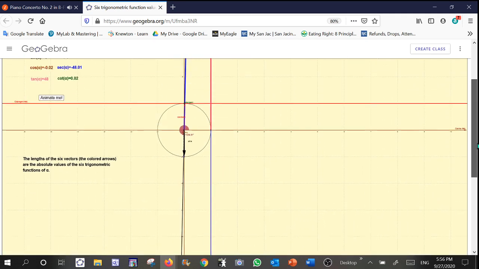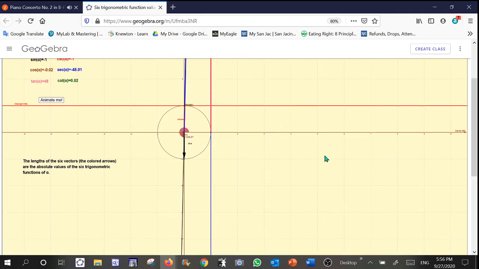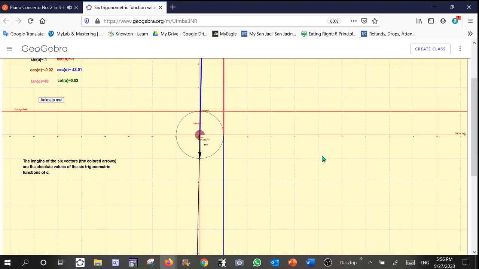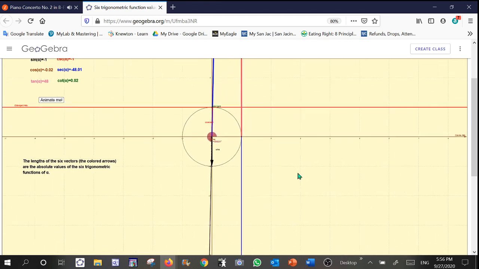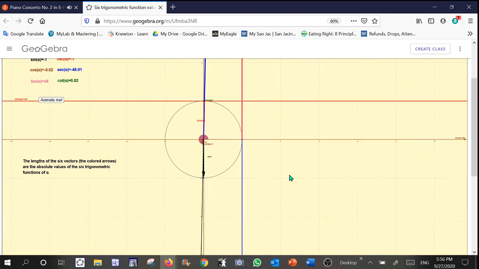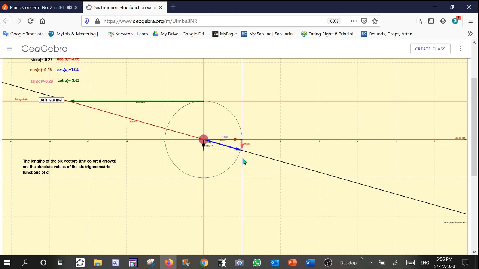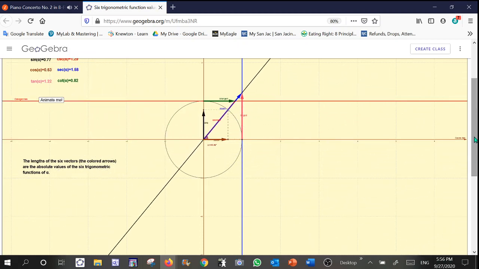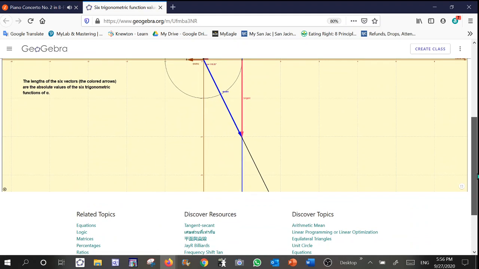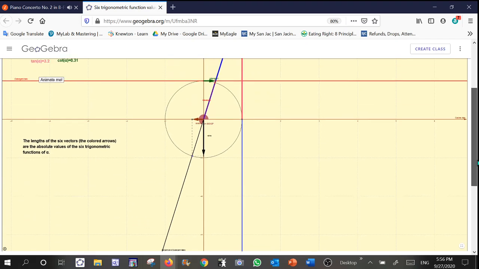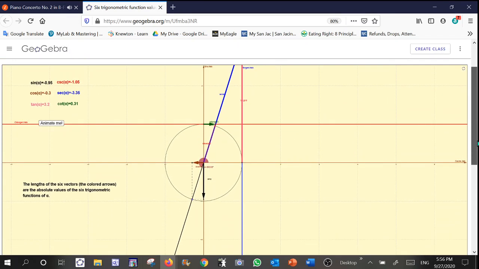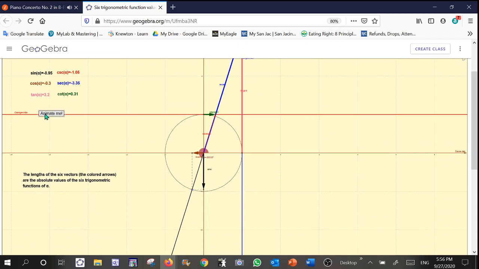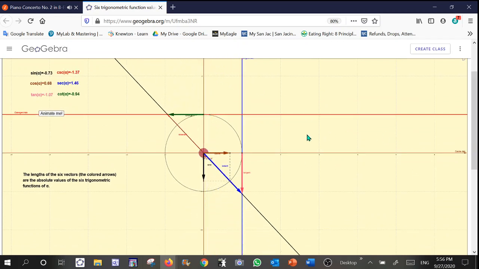I'll make it smaller maybe, move it over here, make it bigger so you can see it, and let me run the animation. So you see there are 6 vectors here. Let me make it go around so I can stop it at the right time. Right there somewhere. So at this point right here, well, we went too far. Make it go around. All right, so you can play with this and you see it.